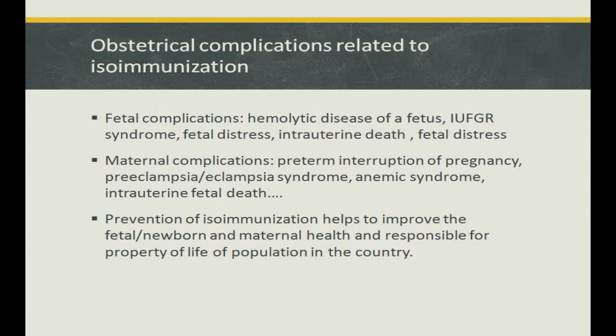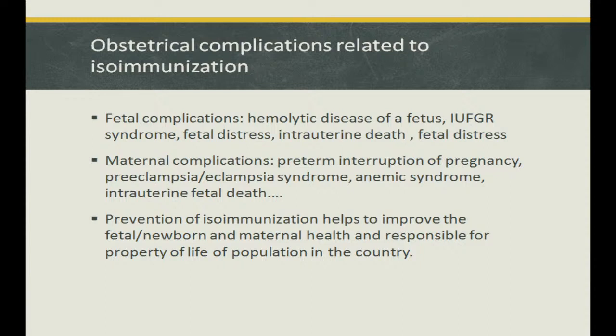Intrauterine death may take place because of progressive development of hemolytic disease of the fetus, or preterm interruption of pregnancy. Maternal complications. Preterm interruption of pregnancy is one of the most frequent situations, and I want to add to those written here, that preterm interruption of pregnancy in patients not with hemolytic disease but isoimmunization may take place at any time of pregnancy.